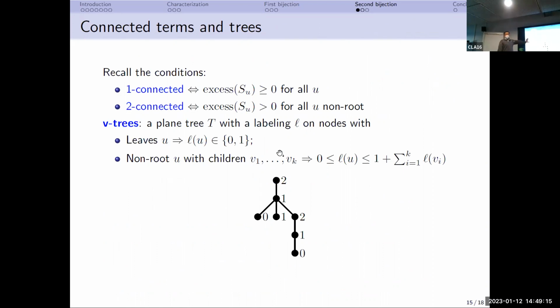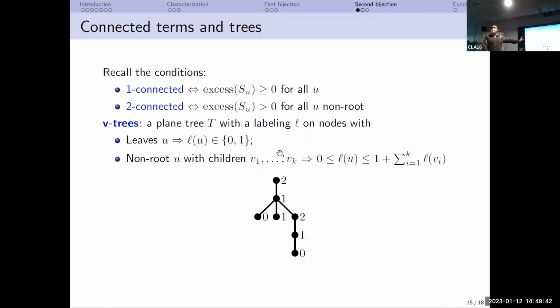And we use another family of trees called V trees, which is a plane tree with a labeling on nodes, of course. But we change the rules a bit. For the leaves, they can have labels 0 or 1. And for other nodes, they can have at most the sum of all the labels of its children, plus 1.